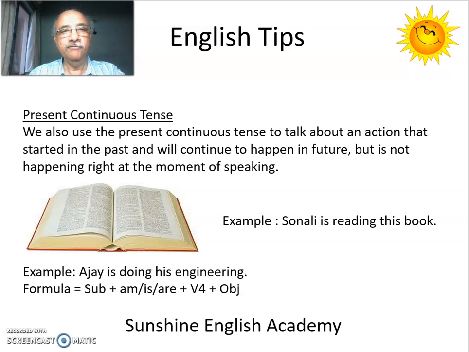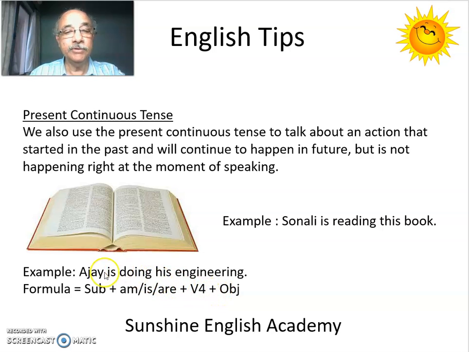So, if the action is not going on at the present moment, then why do we call it the present continuous tense? Well, the answer is that the formula for this sentence is the same. That is, subject plus am or is or are plus V4 plus object.